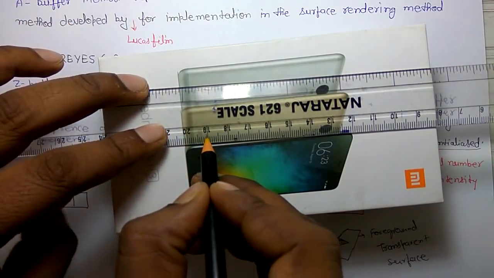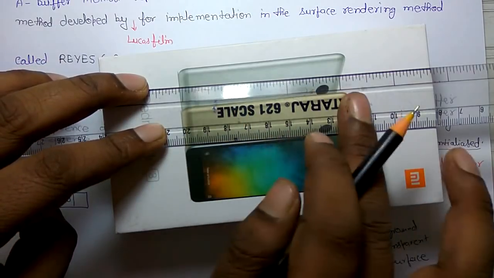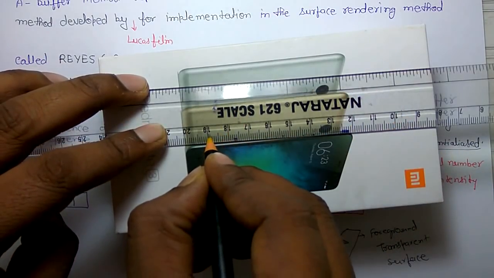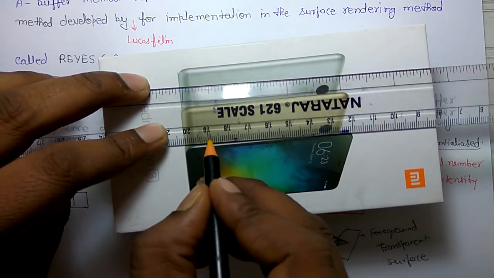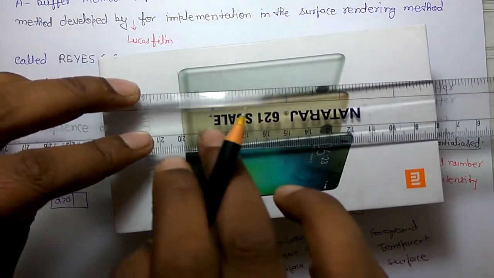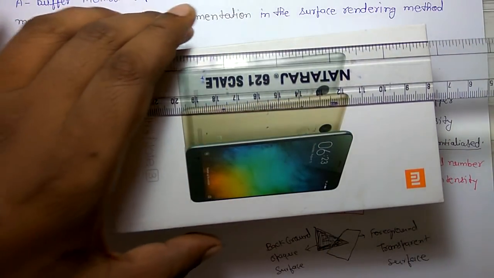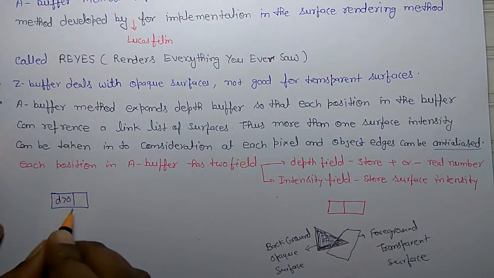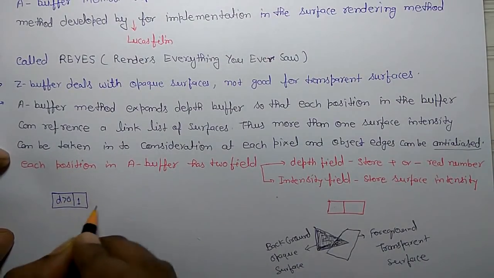But if you want to draw in this place, which is a transparent object, you are going to consider the intensity of the pixel of this transparent object as well as of the opaque object. So D greater than 0 means a single surface you have to consider, with intensity 1, for example.